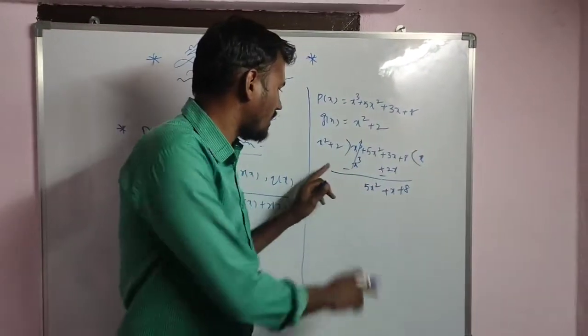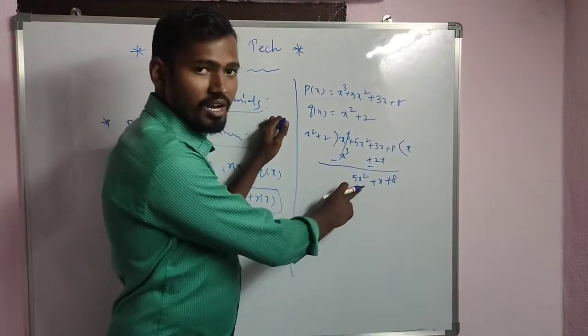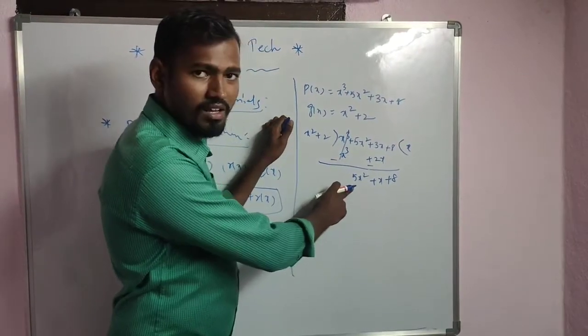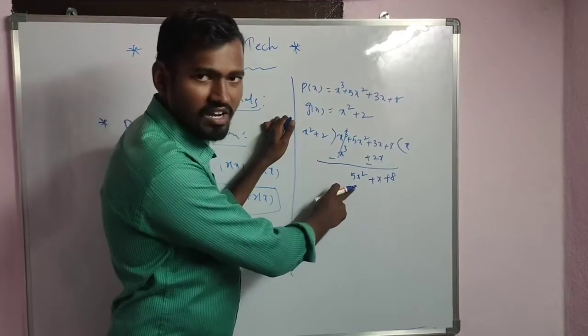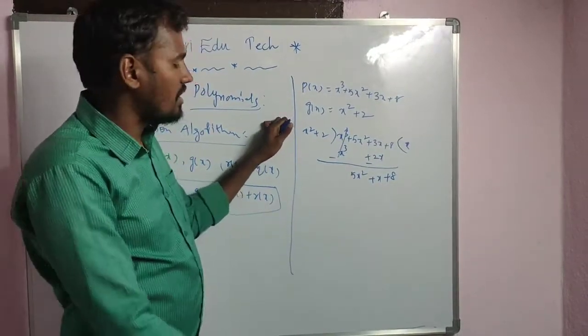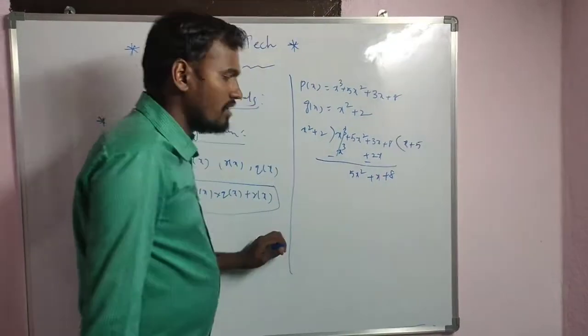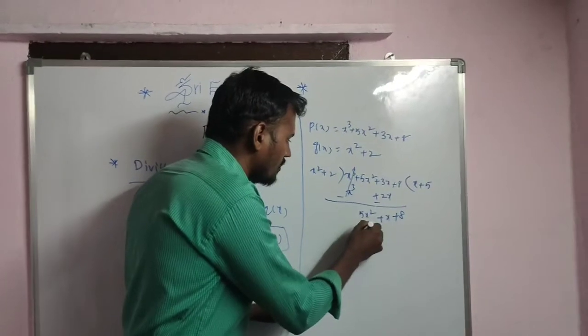Next see here x square, here 5x square. How much do you multiply this x square so that we get this cancelled? 5. Then 5 into x square, 5x square, then automatically cancels. Then plus 5. 5 into x square, 5x square.